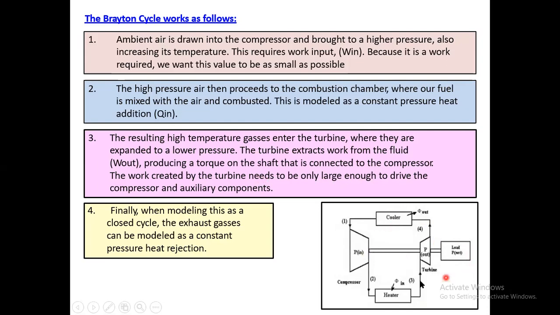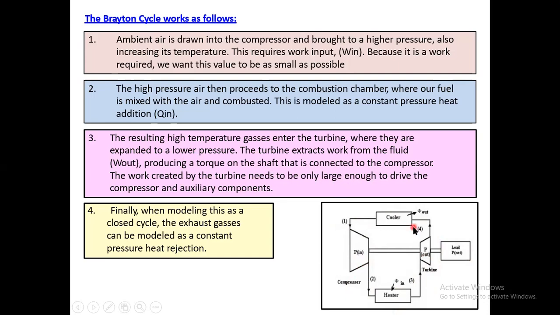The same cyclic process can be seen here. You can see the ambient air receives the input work from this section, the power input in the compressor, and is then provided to the heat exchanger in section 2, and then it provides output to the turbine, P out, which we discussed in this section.